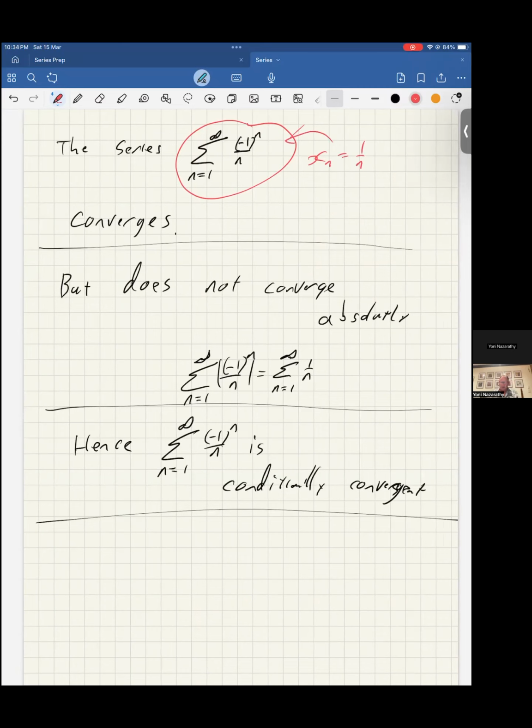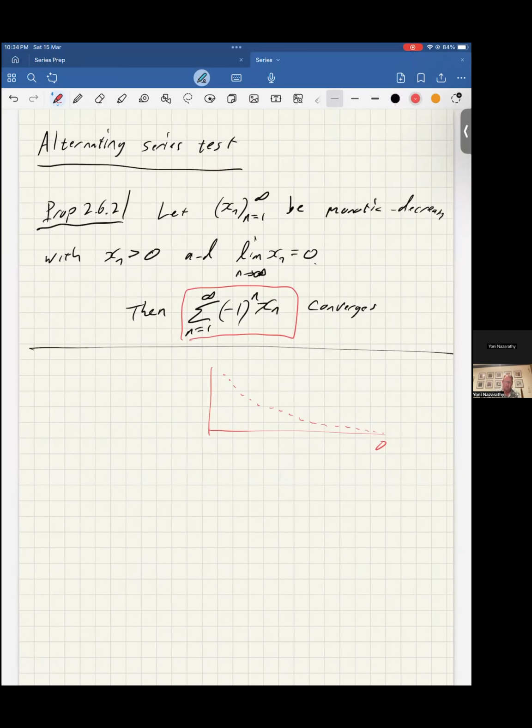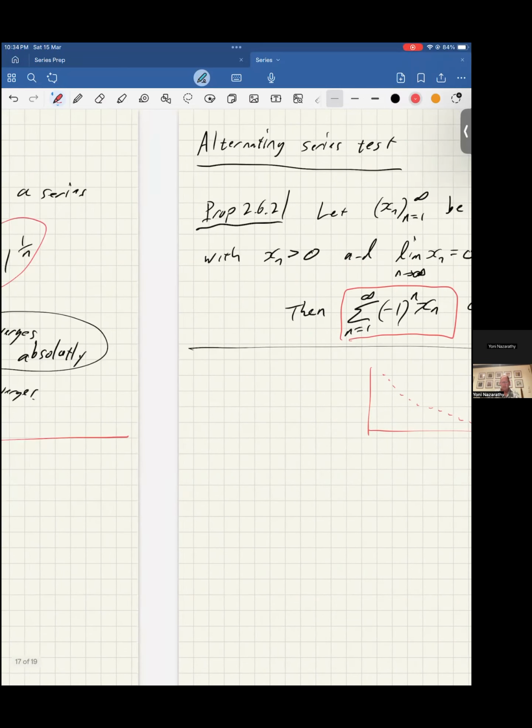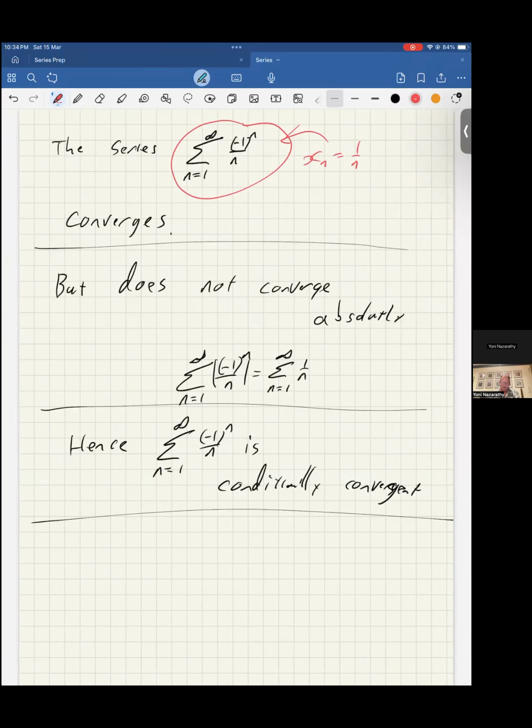So we see that it converges by the alternating series test. But that is a case where it's conditionally convergent, because its version without the sign changes, namely the harmonic series, diverges. So it's not absolutely convergent.